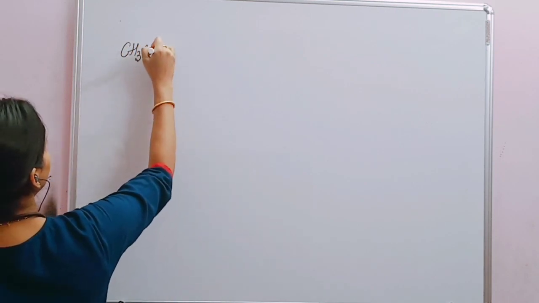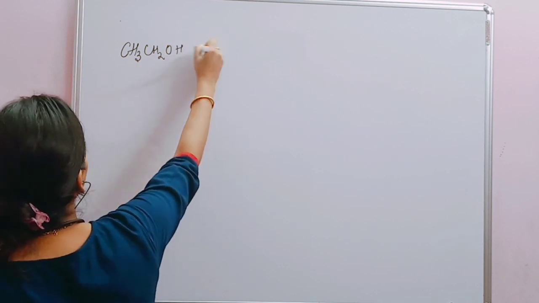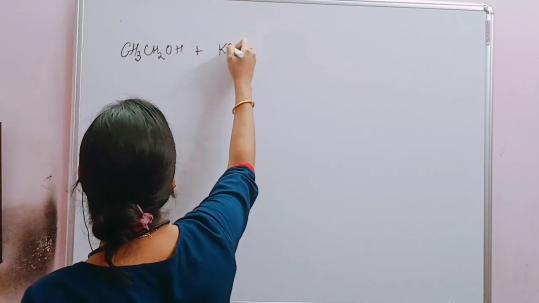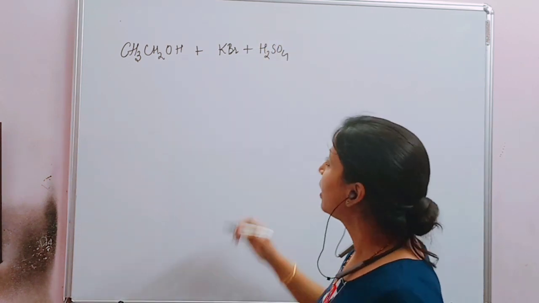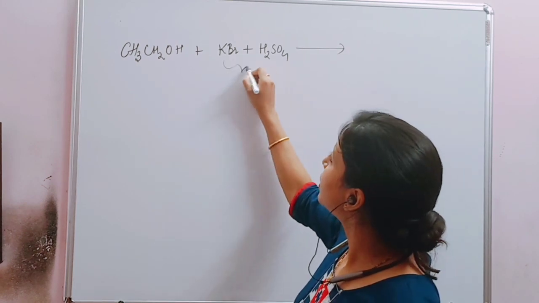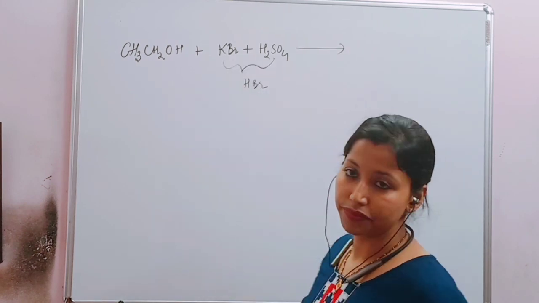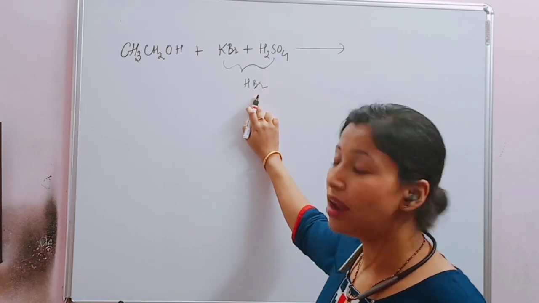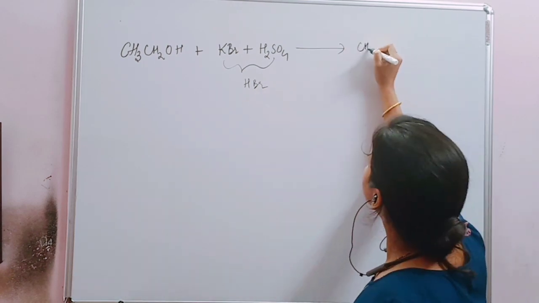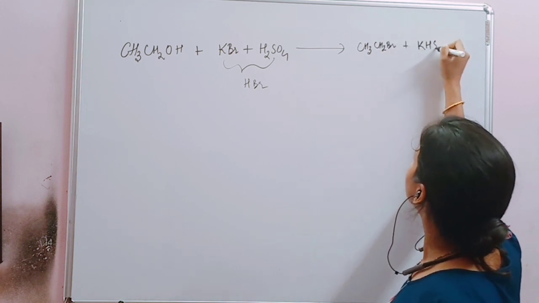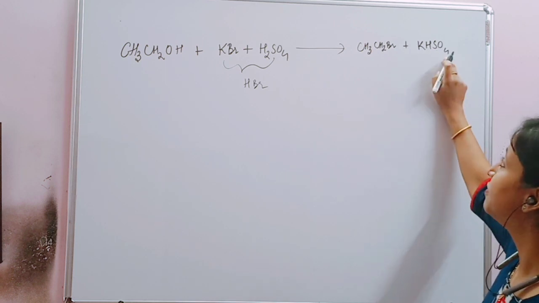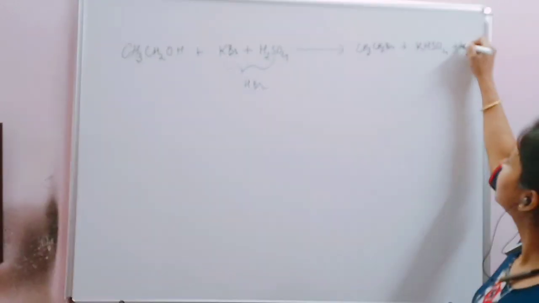I'll straight away take the alcohol CH3CH2OH, and we will take KBr plus concentrated H2SO4. This gives HBr, and you will get CH3CH2Br plus KHSO4, that is potassium bisulfate or potassium hydrogen sulfate, plus H2O.